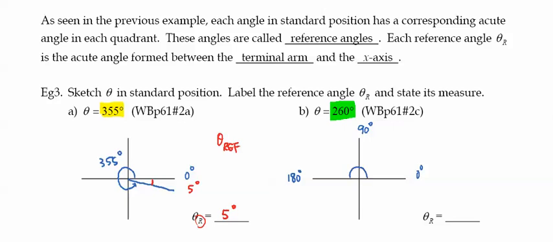It will stop right before 270. This is 270 degrees, but your angle here is now 260. This angle will have a reference angle of 80 degrees.